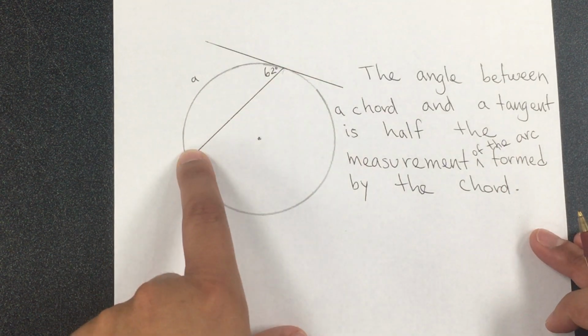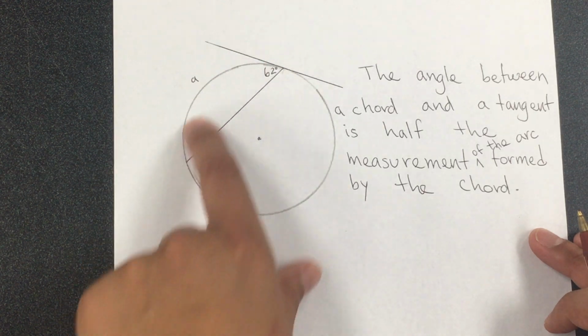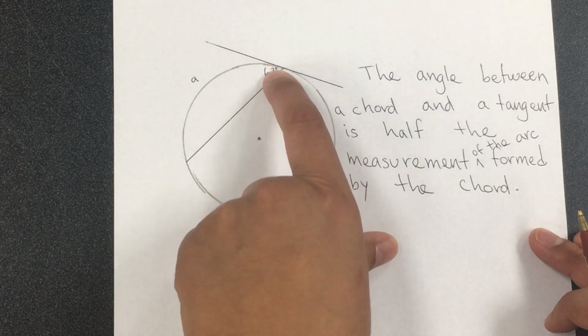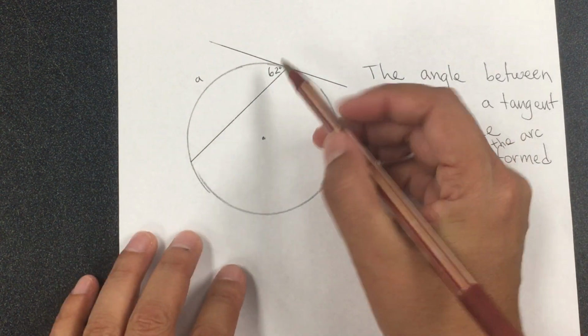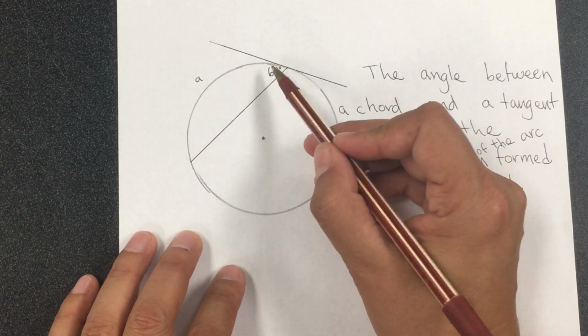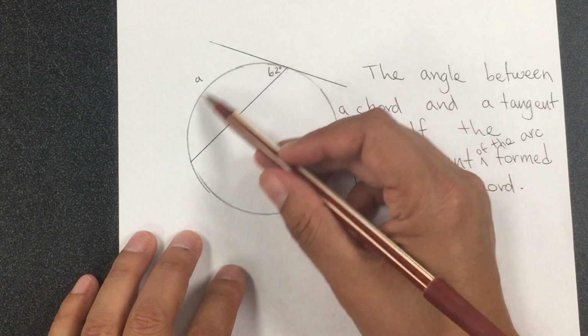So if I have this chord forming that arc, and that angle together with the tangent, this angle will always be half of the arc.